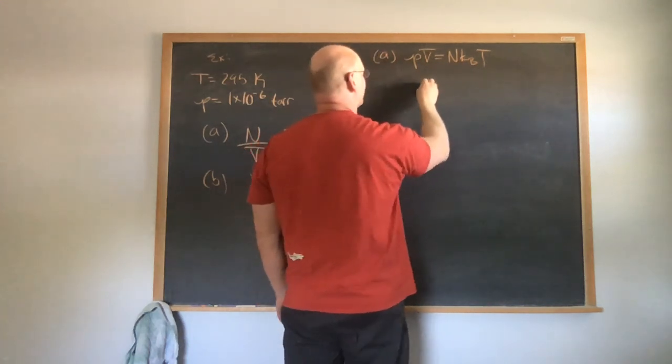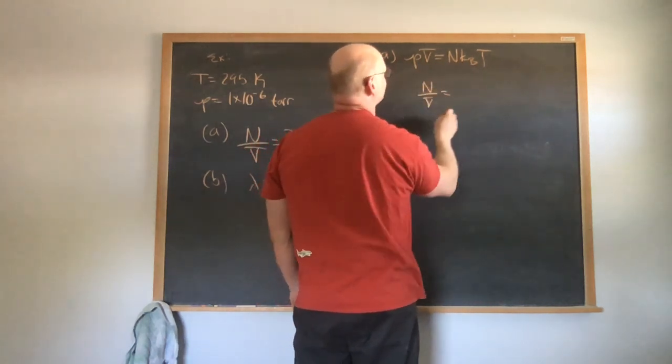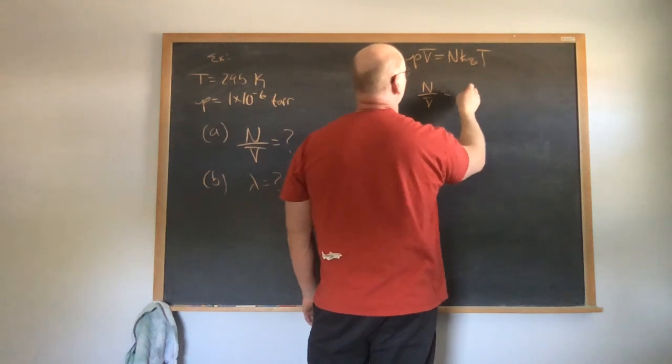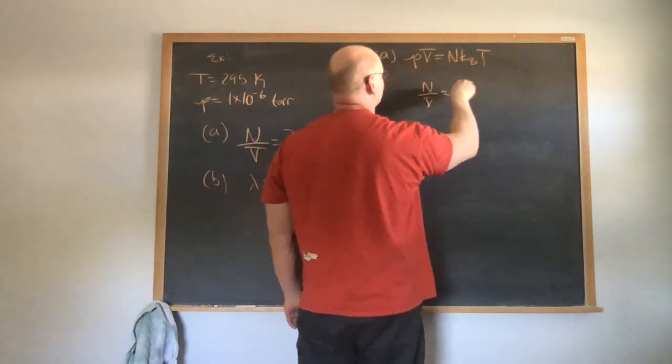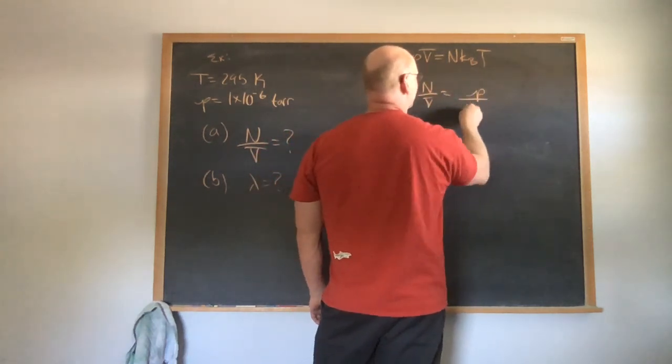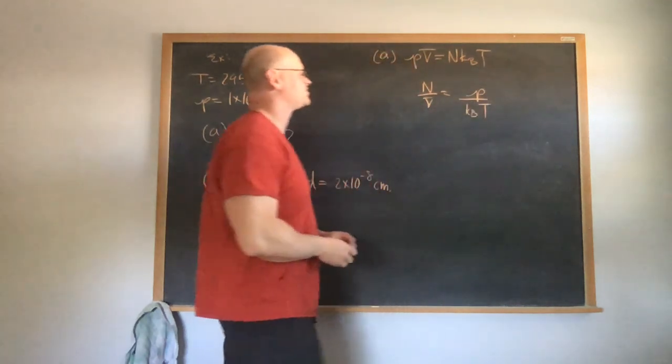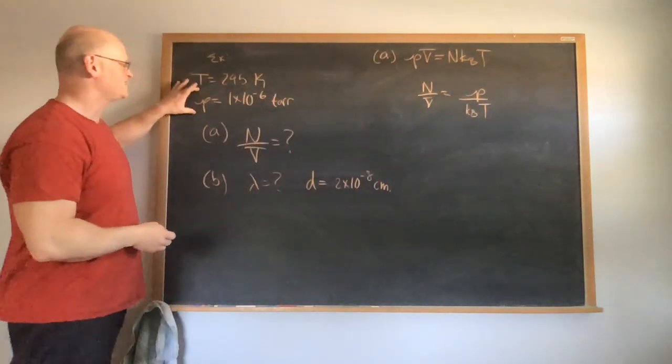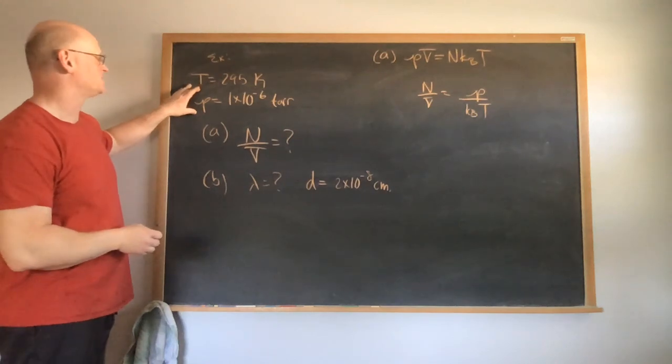So N divided by V is equal to the pressure divided by Boltzmann's constant times the temperature. We know this; we just have to put the pressure into pascals, which is a multiplicative change.